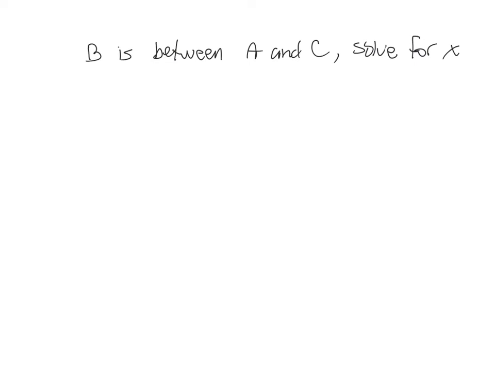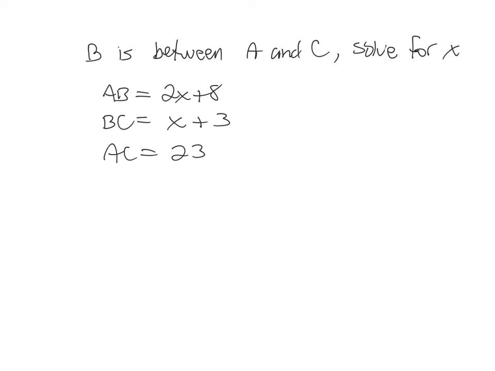So if it said that AB equaled 2x plus 8 and BC equaled x plus 3 and AC equaled 23. So that would be like, B is between A and C, solve for x is in the directions, and then the other part is the actual problem.